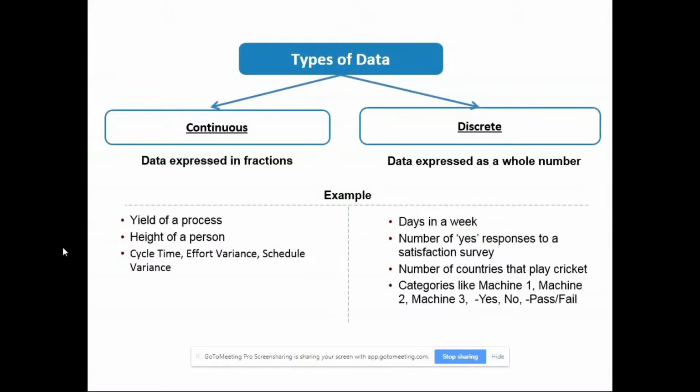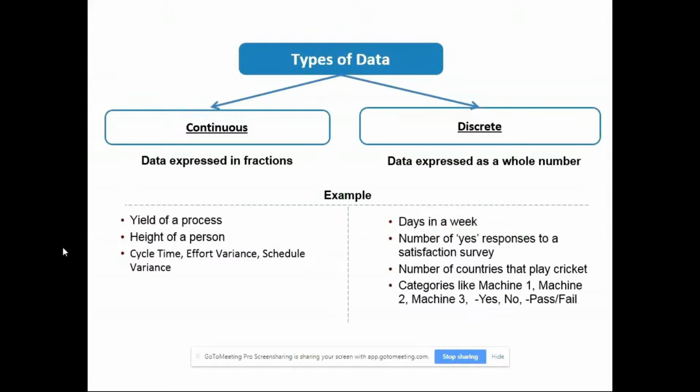Now, as a black belt or a green belt or a Six Sigma professional, it is very important for you to learn how to convert discrete data to a continuous data set. There is also something known as pseudo continuous, which is out of the syllabus, but I'll tell you about it.